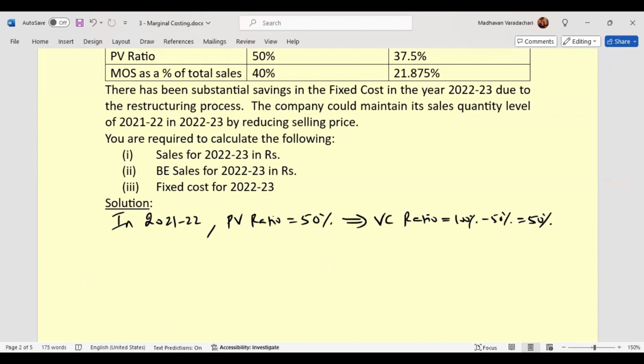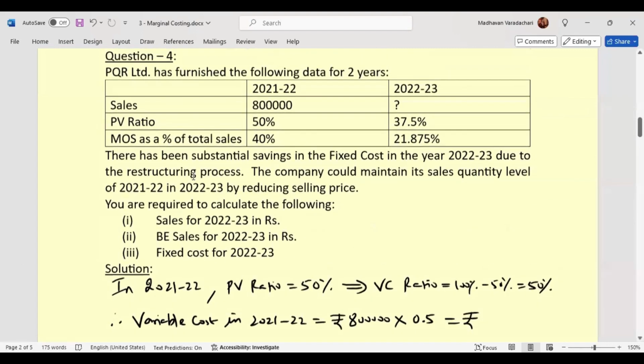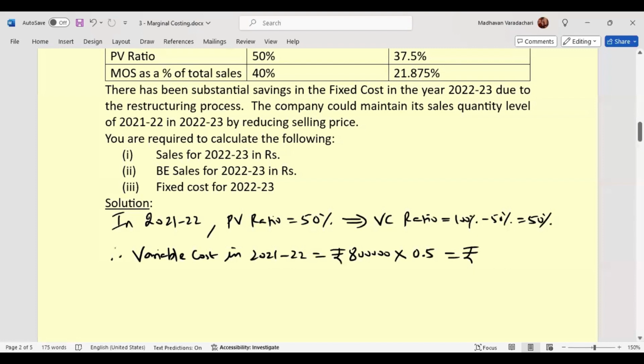Therefore, variable cost in 2021-22 will be rupees 8 lakhs times 50%. 8 lakhs is the sales already given, so that gives rupees 4 lakhs.